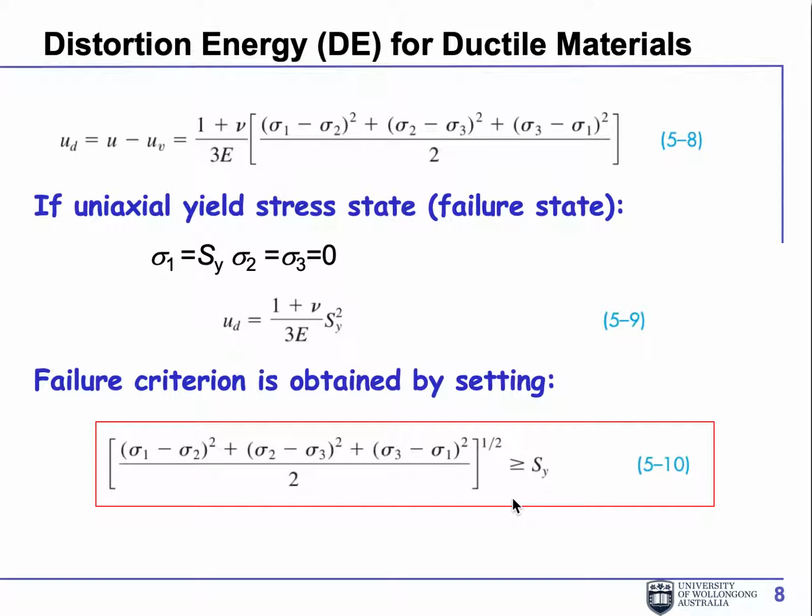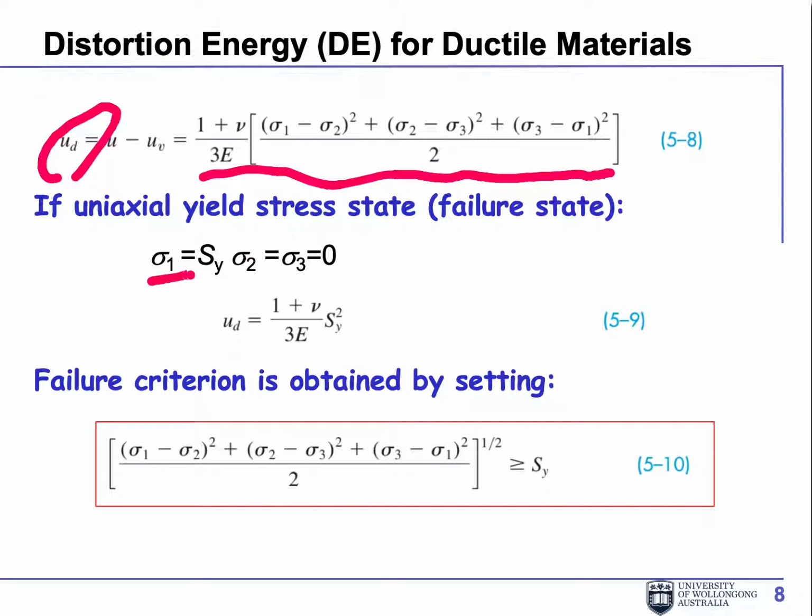And how do we compare? This is our distortion energy. In what situation can we say the material is going to fail? We can consider the simplest case, where the component is under only axial loading, so only sigma 1, no other values.